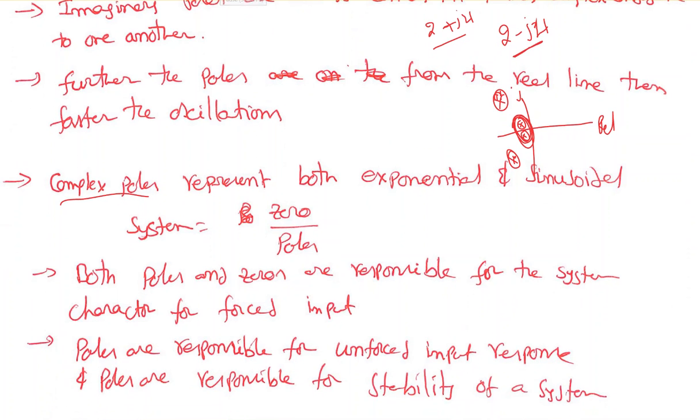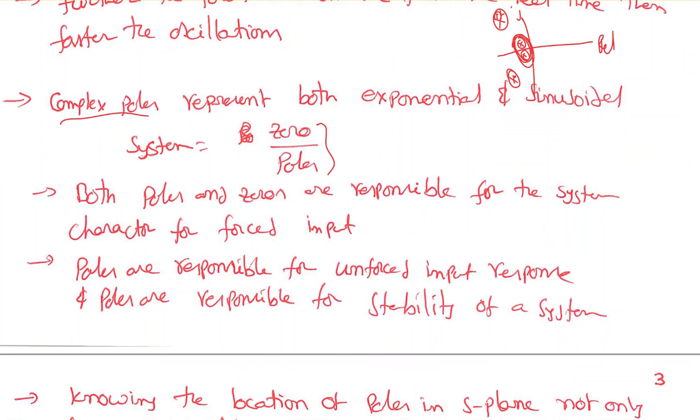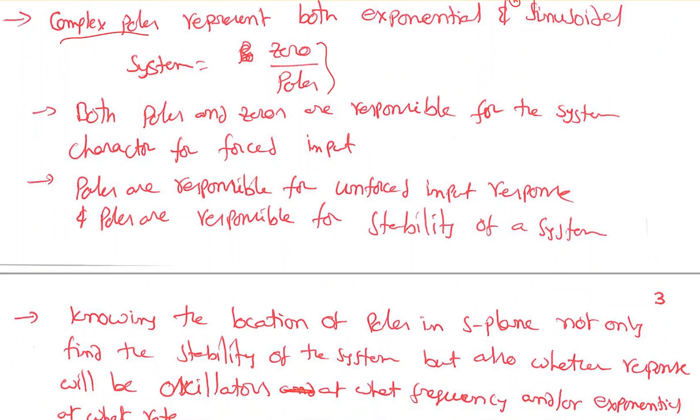If you have a system, it has both zeros and poles. Both poles and zeros are responsible for the system character for forced input. Poles are responsible for unforced input, as well as for the stability of the system.